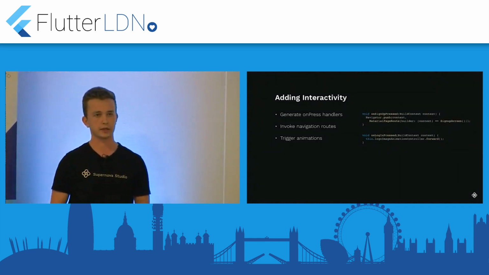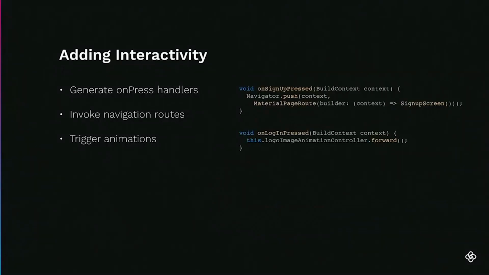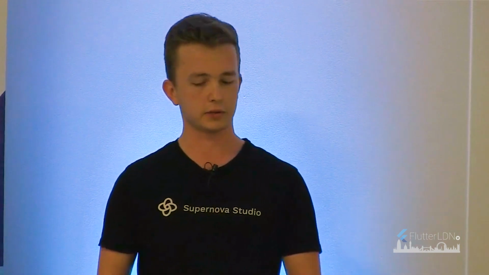The next and last step is adding interactivity, which is pretty simple. We just take all the buttons and bar icons and implement the on-press handler in those. Those serve as invokers of the navigation routes and trigger animations, of course, provided that you have created navigation routes and animations previously in Studio.